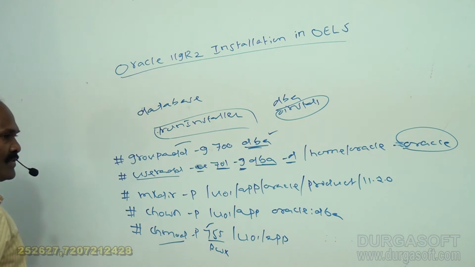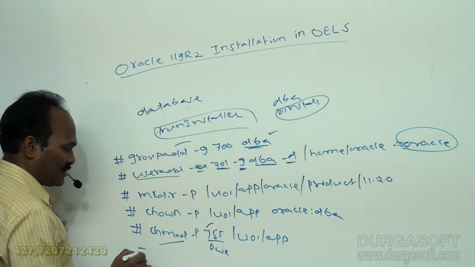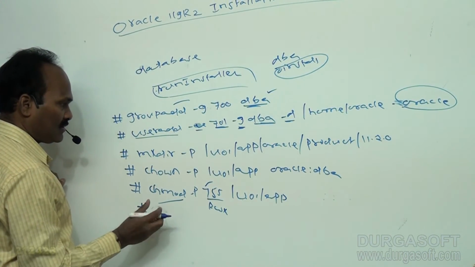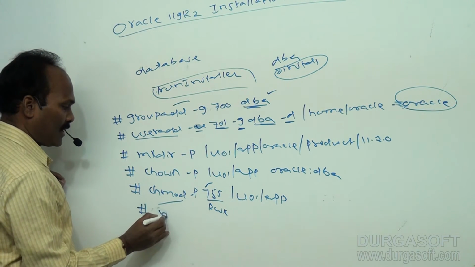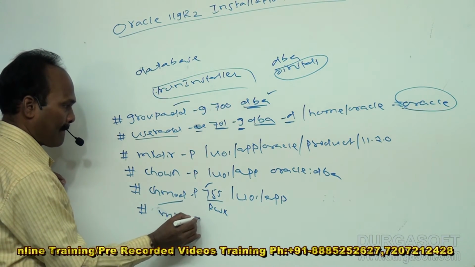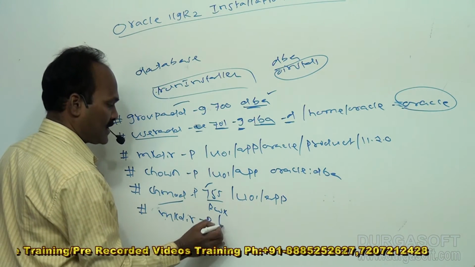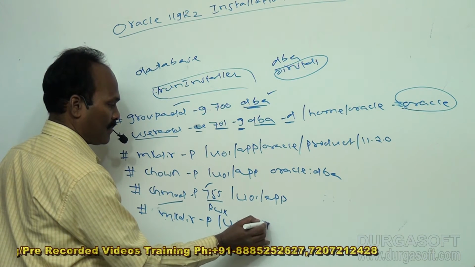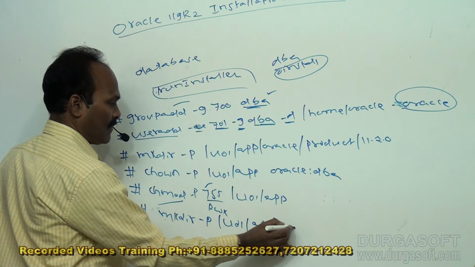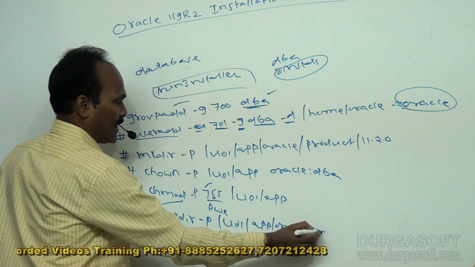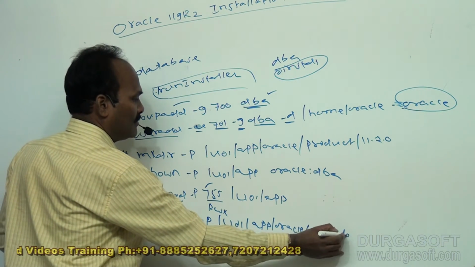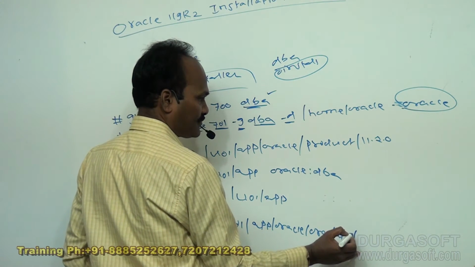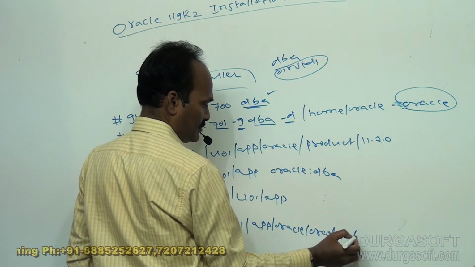Next one is, create one more folder. This is mkdir -p /u01/app/oracle/data, the database name, data.